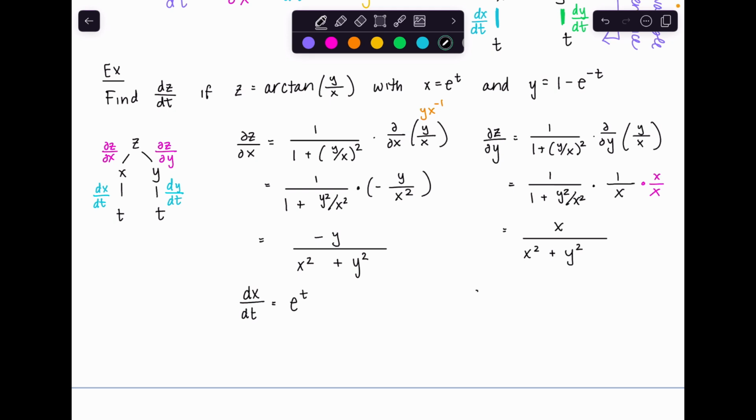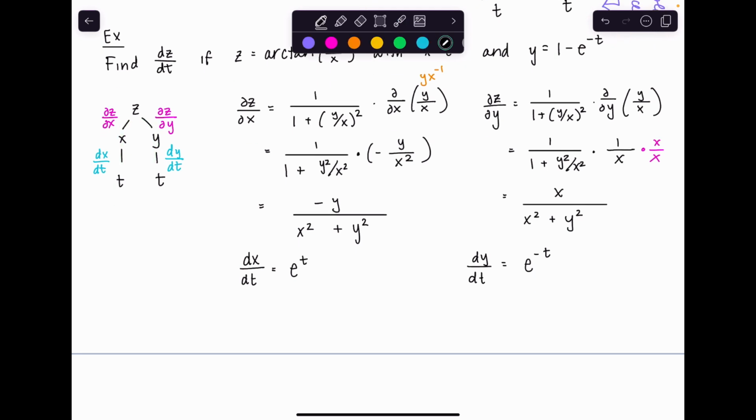And then the derivative of y with respect to t, you get a negative sign that pops down to make this positive. So it becomes e to the negative t. So I have all 4 branches along my paths.